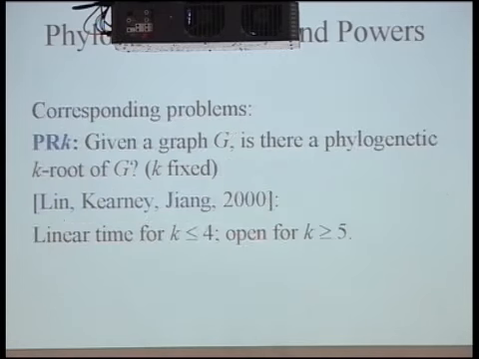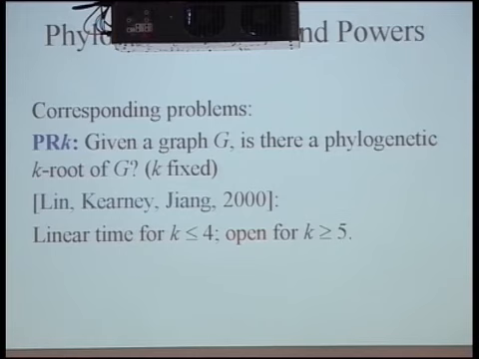And what is known, there are corresponding problems. Given a graph, is there such a phylogenetic K-root of G? If you fix K, this can be solved in linear time for K at most 4, and it's widely open for K at least 5.